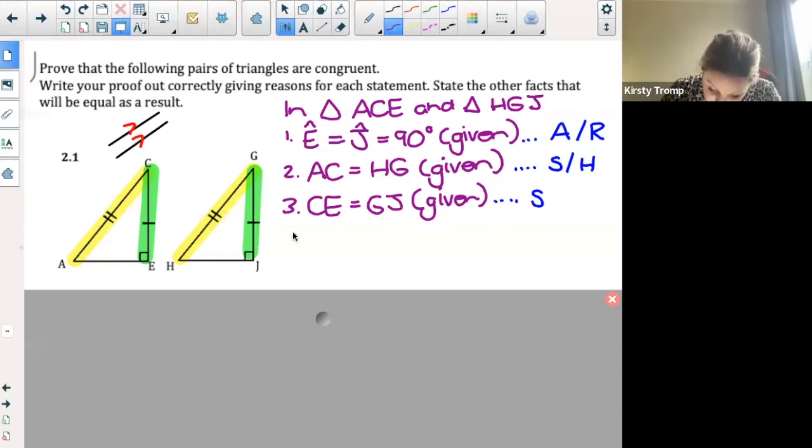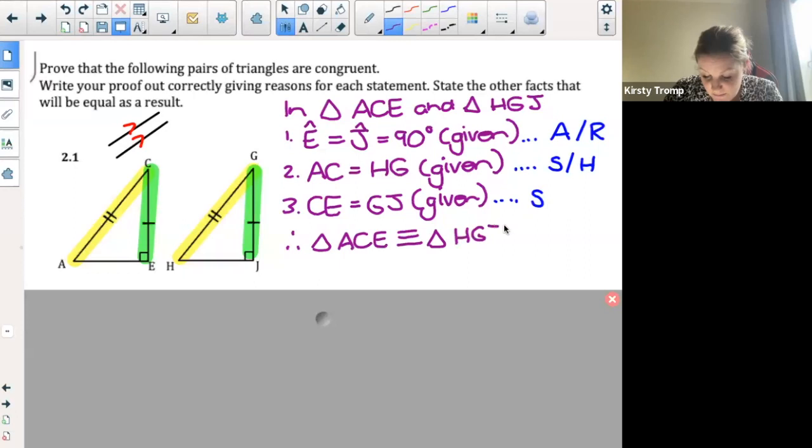So now I can say to myself, therefore, triangle ACE is congruent to triangle HGJ. All right, and in your ear, the sub-sister's going, why? So I need to go tell them why now.